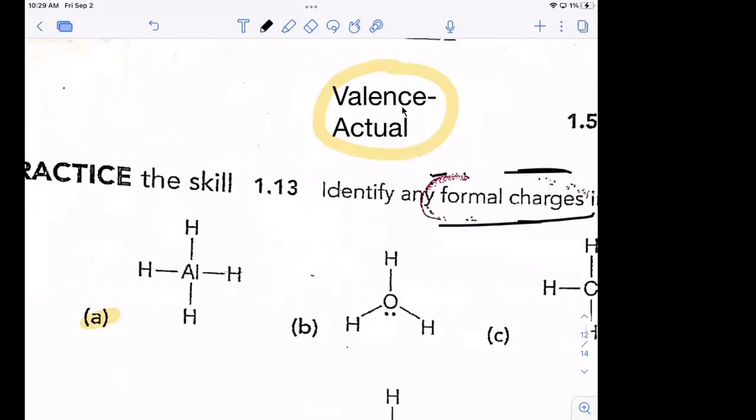So how many valence electrons should it have? 3. So the formal charge here is going to be 3 minus what? What's the actual? Got 4 bonds around it. So the actual is going to be 4. So the formal charge for aluminum in this case is going to be -1. Questions about that?